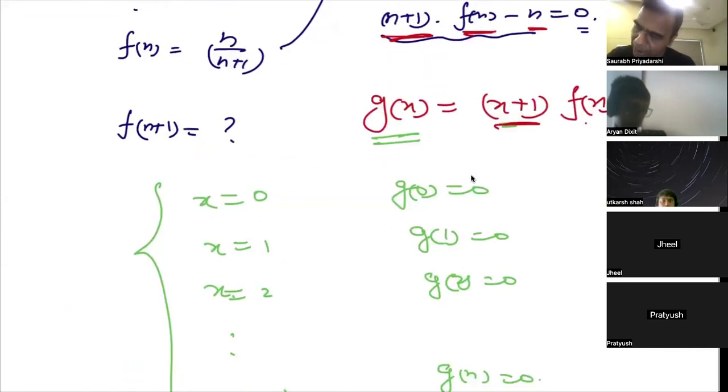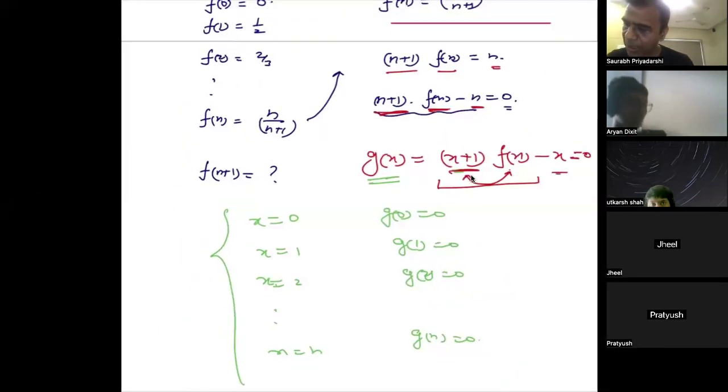So I can say (x plus 1) into f(x), f(x) is the polynomial, and now I'm multiplying f(x) with x plus 1. So 100% this complete thing will be the polynomial. And minus x is again a polynomial. So this complete thing is a polynomial.